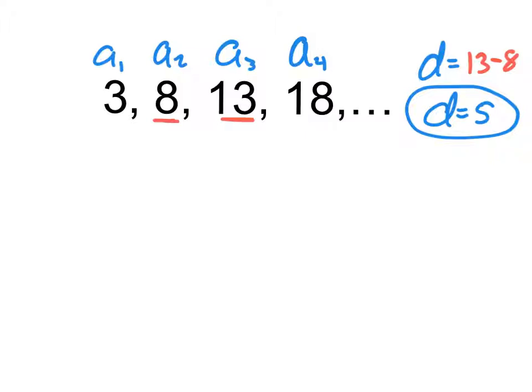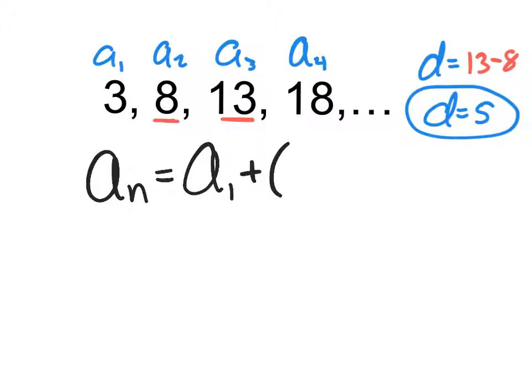Okay? Now, ladies and gentlemen, what we need to do is memorize the arithmetic sequence general rule. And the general rule is: the a sub nth term will be your first term, a sub 1, plus parenthesis, and then inside of the parenthesis it's going to be n minus 1 times the common difference d.